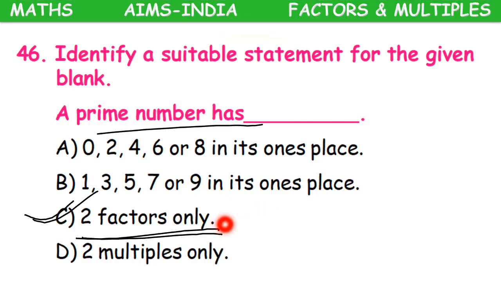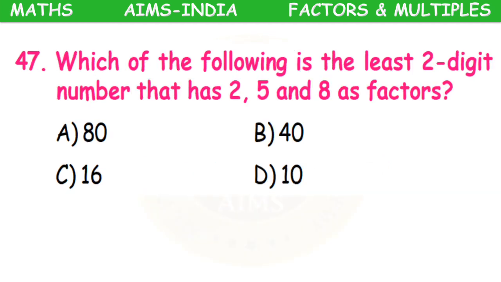It can have any number of multiples, and as we have discussed, all the prime numbers are not odd. We have 2 also as a prime number, which is even. So not all the prime numbers are odd, or not all the prime numbers are even. The only thing we can say is that a prime number has only 2 factors.